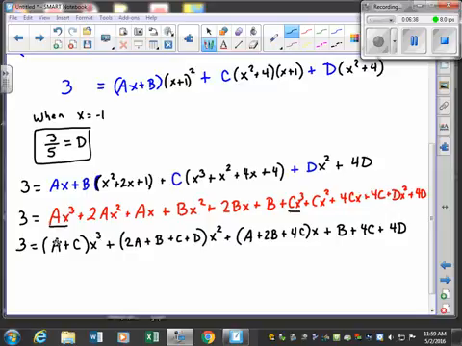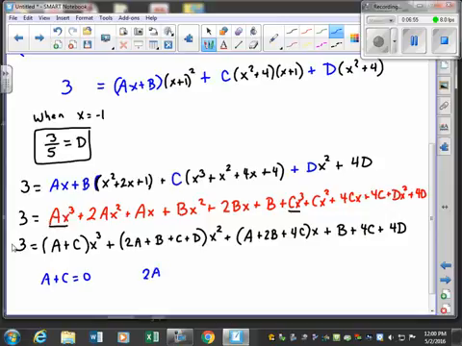So we would say that a plus c must equal 0, right? Okay, what about the x squared term that's over here? There is none, so what equation can we get from that? 2a plus b plus c plus d must equal 0.